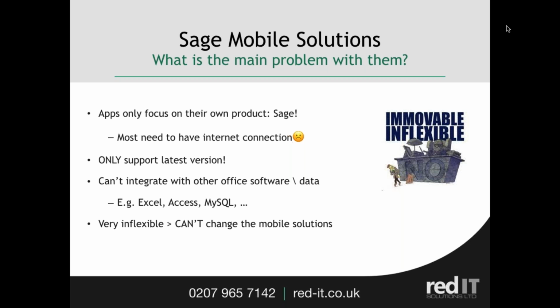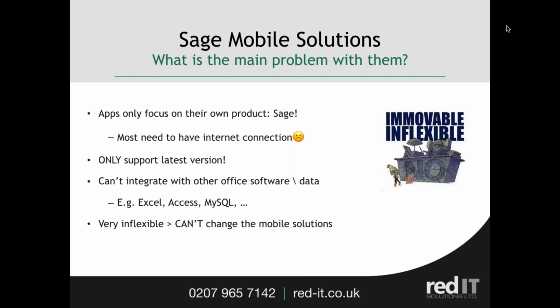So if you work in a warehouse or on the road where mobile connectivity may not be available, then you pretty much can't use their apps. The next thing is they only support the latest version of their application. The problem with that is that there are lots of people using older versions of Sage, and if it ain't busted, don't fix it. You don't necessarily want to upgrade.